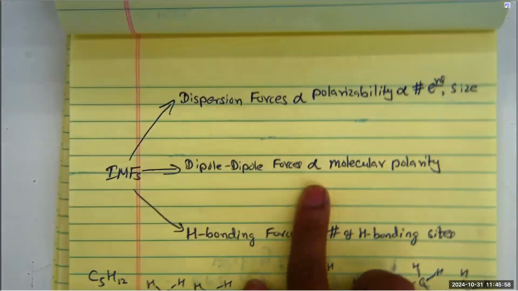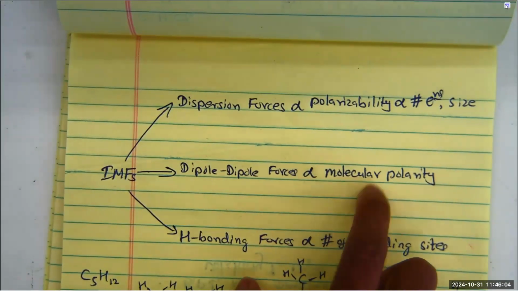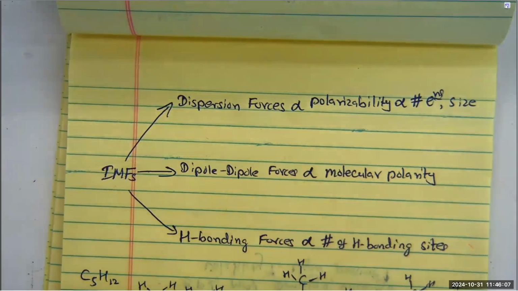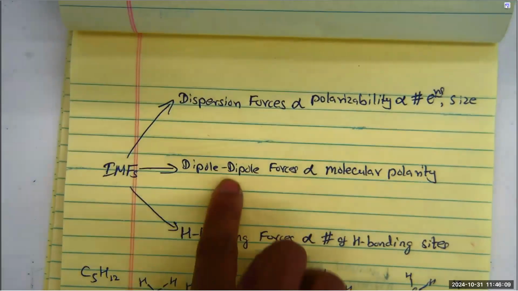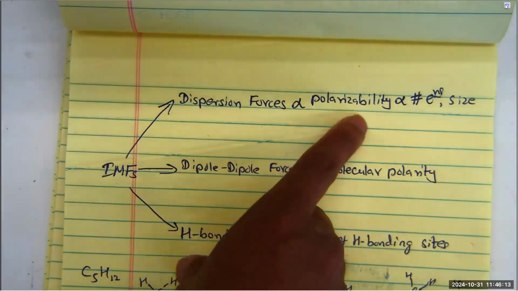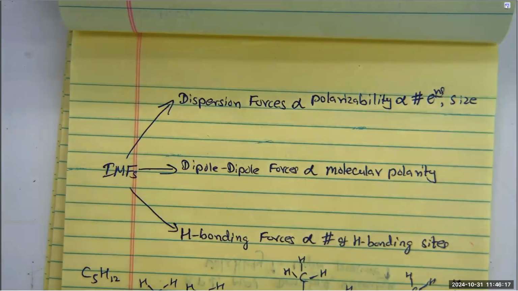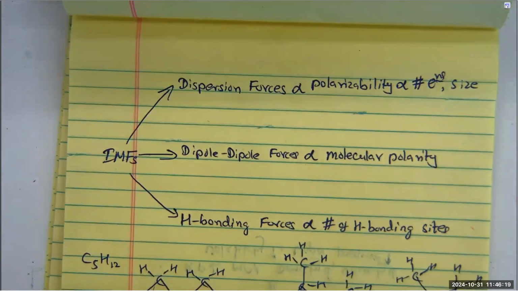The dipole-dipole force strength depends on the molecular polarity or the net dipole moment strength. The higher the molecular polarity or the net dipole moment, the stronger the dipole-dipole forces. Just like dispersion force strength depended on the polarizability, dipole-dipole force strength depends on the molecular polarity. This is in our notes already.